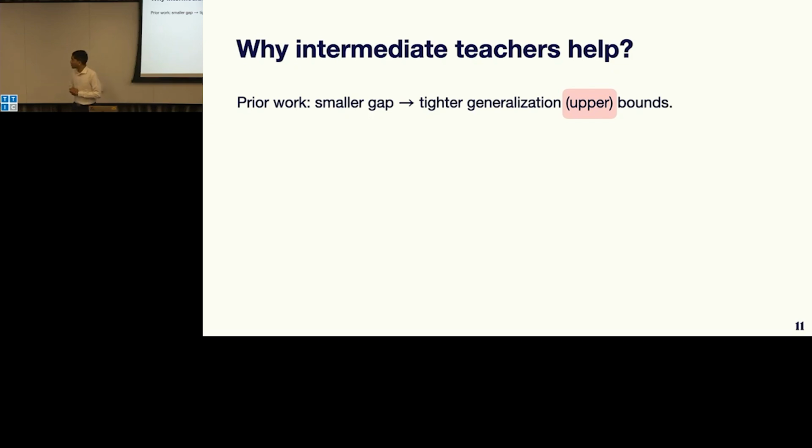What this showed is that if we have access to the intermediate teachers, then we can reduce the learning gap between the student and the teacher, which can give you better generalization bounds on the student after training. But given the current scale of deep learning, all the generalization bounds turn out to be trivial. And so a trivial bound does not give you much information.